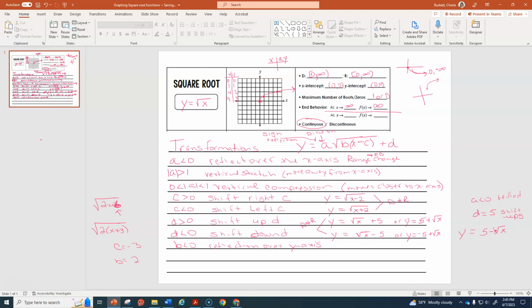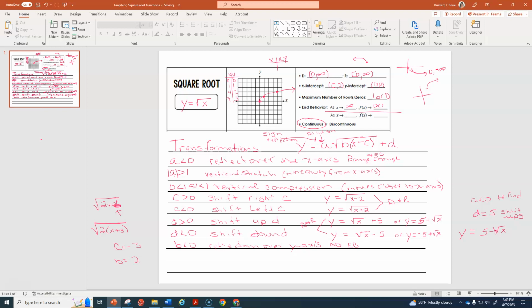And then when B reflects it over the y-axis, you change the domain because you're now going this direction. So you're going from negative infinity and you're stopping at your endpoint. So you change your domain, and you also change your end behavior.